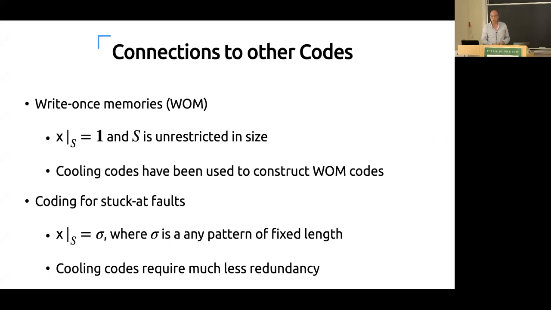Cooling codes have been used to construct WOM codes. They have also been used to code for stuck-at faults. In this case, you need the restriction to be any specified vector, not just 0 or 1, and cooling codes here require much less redundancy compared to the usual constructions out there.